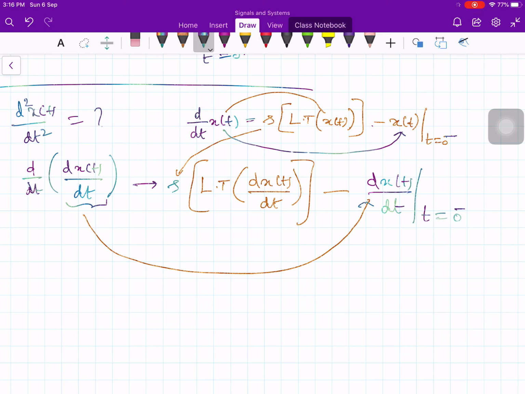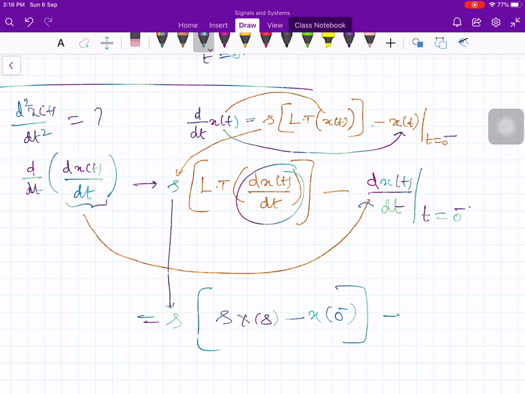Okay, now this s is coming here. Then you know the Laplace transform of d x of t by dt, this we already know. What is that? s times x of s minus x of 0 minus. This guy will come here: x dash of 0 minus, the derivative evaluated at 0 minus.